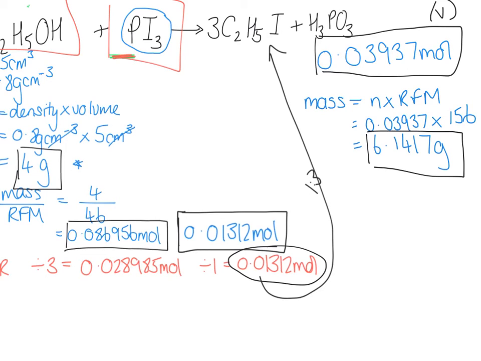But we know that in reality that doesn't happen, due to loss of product when we're transferring between apparatus, and due to side reactions happening at the same time, so we don't always get all of our product formed. And so now we need to work out our percentage yield.